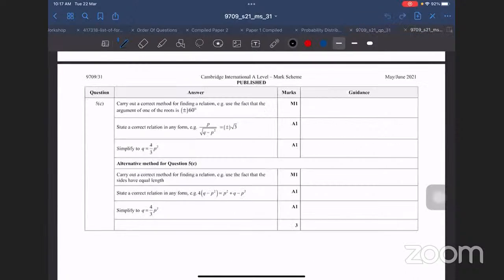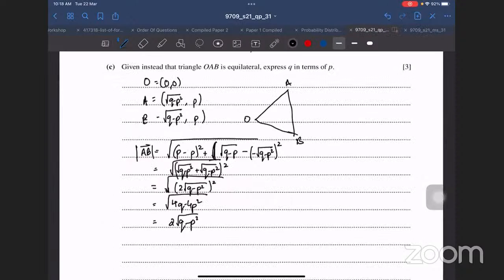Okay, then I can take out the length of OA. That would be root of p squared plus root of q minus p squared whole squared.